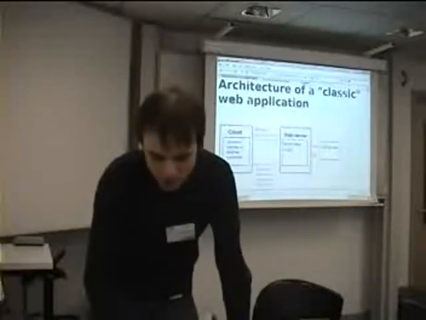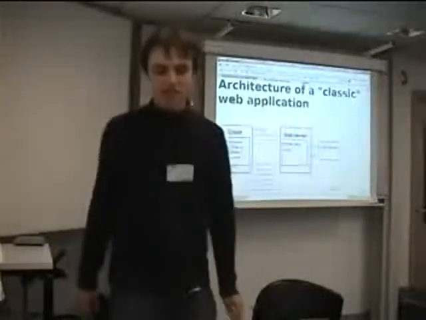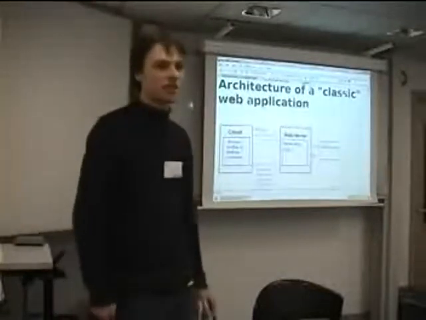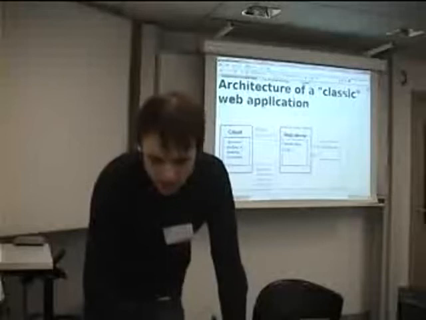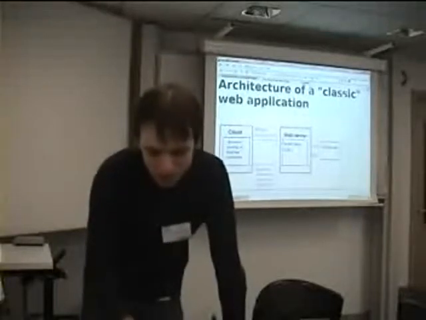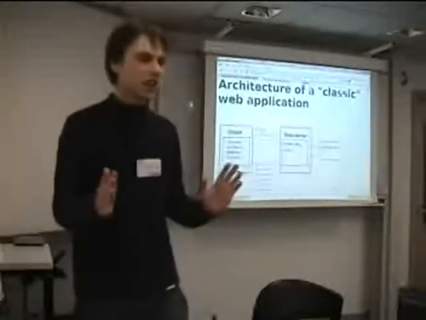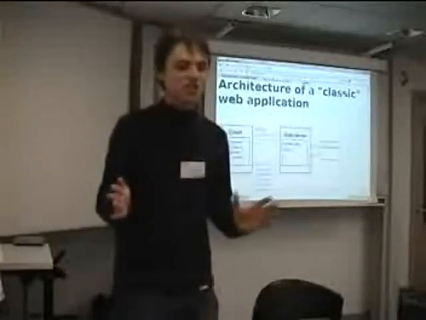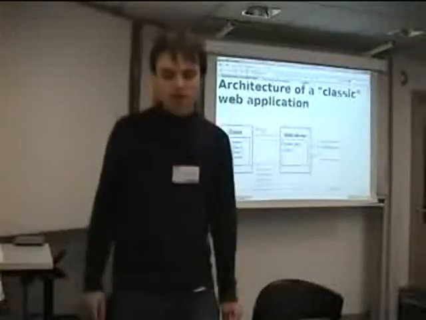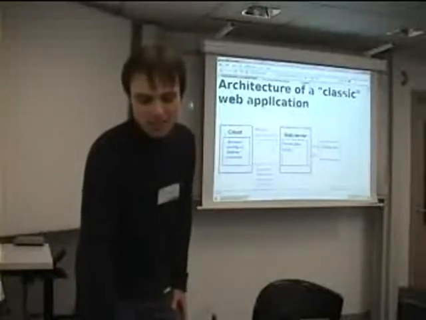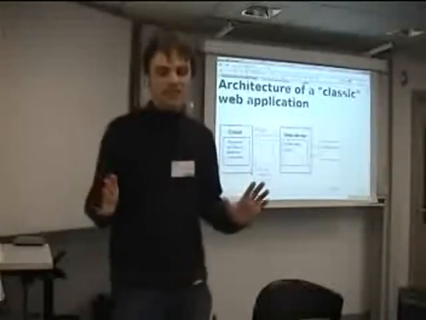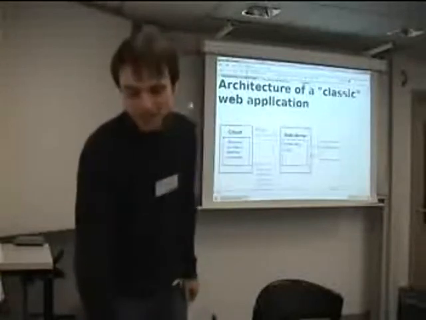Now, your box will be running a browser of some sort, such as Firefox or Opera, and then the user will fill in information, typically in a form, as I said. That information gets sent across the web in something known as an HTTP request to a web server.